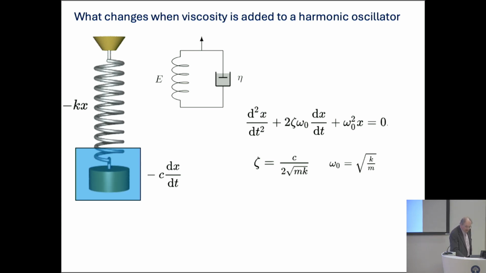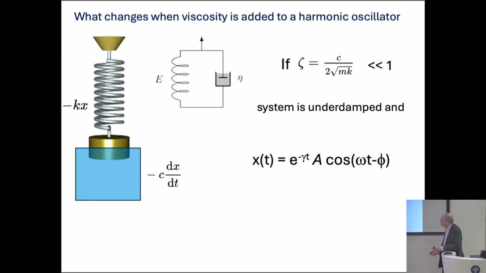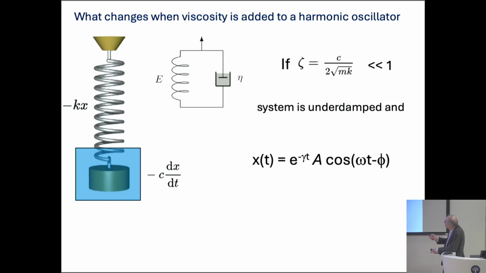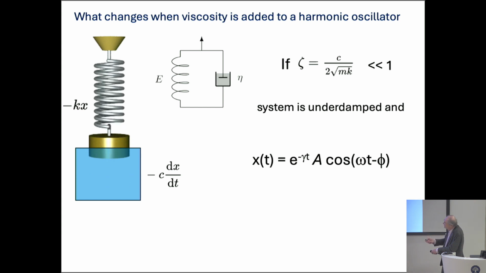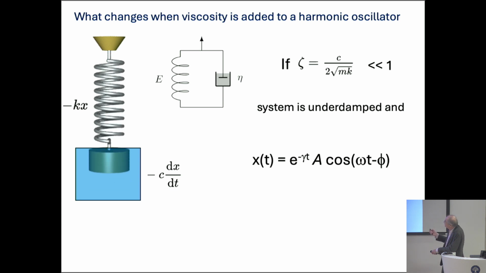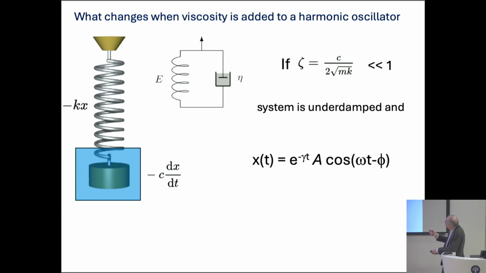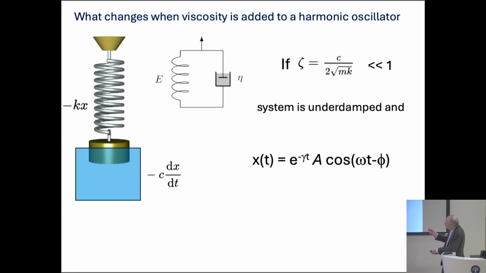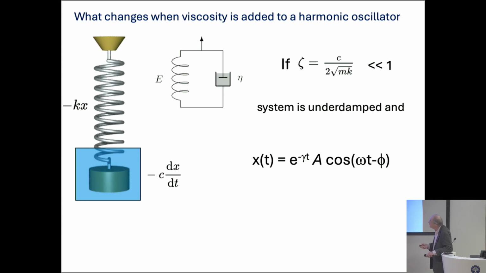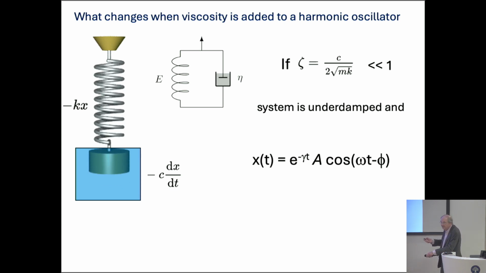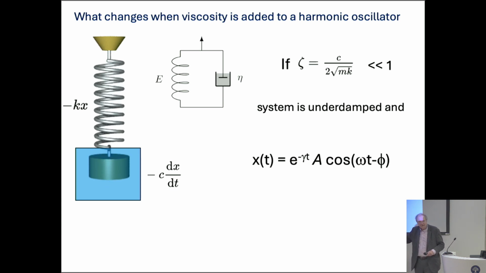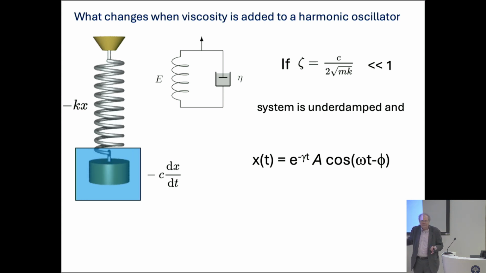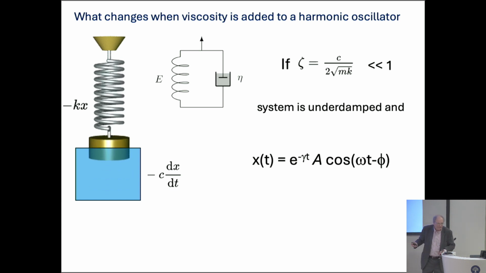If you solve that, you get a very pleasant formulation where the motion of the little weight is still a sinusoidal function with a frequency from which you can calculate an elastic stiffness, but now it's modulated by an exponentially decaying term from which you can calculate a dissipative part, or an effective viscosity. I'm guessing that this is review for most of you.